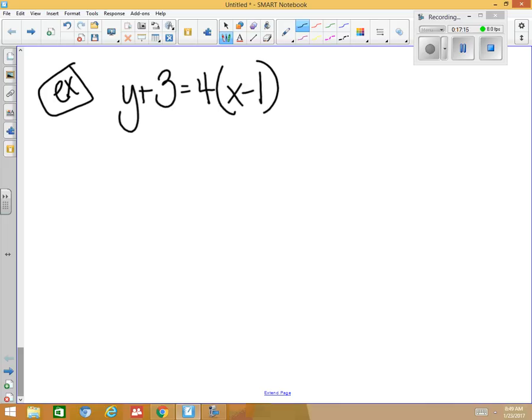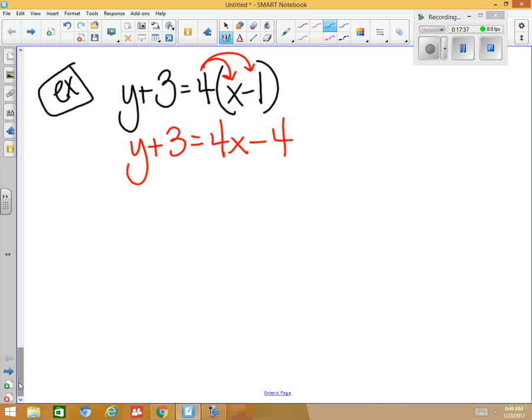Okay, so first, use your distributive property. Yes, you gotta do that. So y plus 3 equals 4x minus 4. Okay? Now you have to get the x and the y together on the same side.